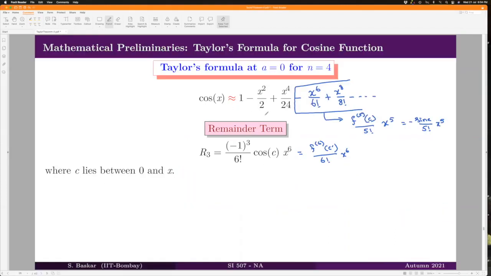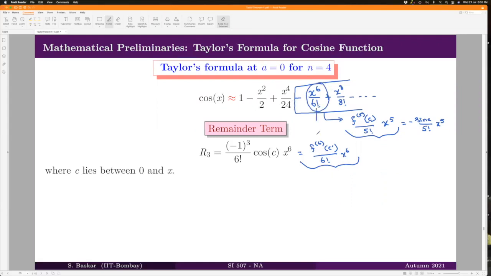Coming back to our example, it doesn't matter in this particular example whether you take the remainder term as this or the remainder term as this. In general, if I ask you any function and ask you to find the remainder term, the best you can do is write the polynomial and see in that process what is the next term that is sitting first in the truncated series.